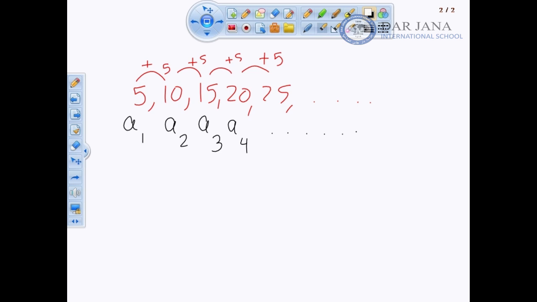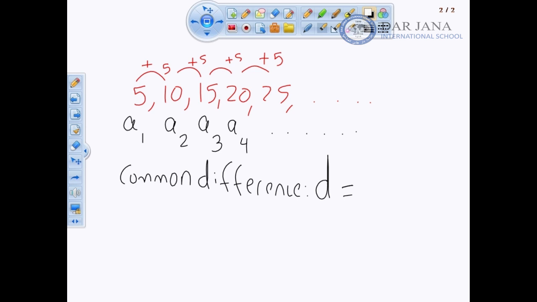Here we have a common difference. D, we call it, which is equal to 5. Since 10 minus 5 is 5, 15 minus 10 is 5, 20 minus 15 is 5.